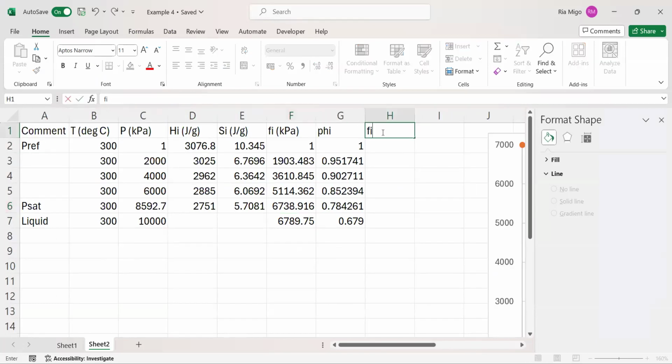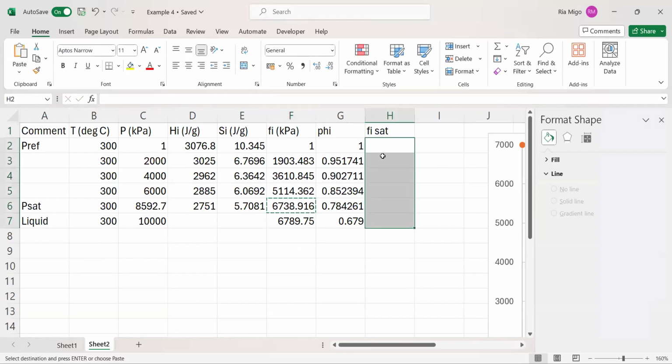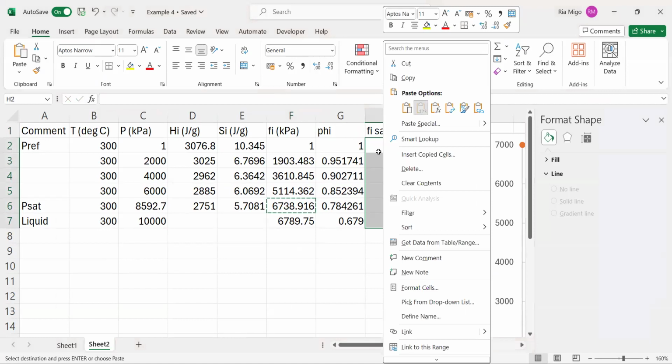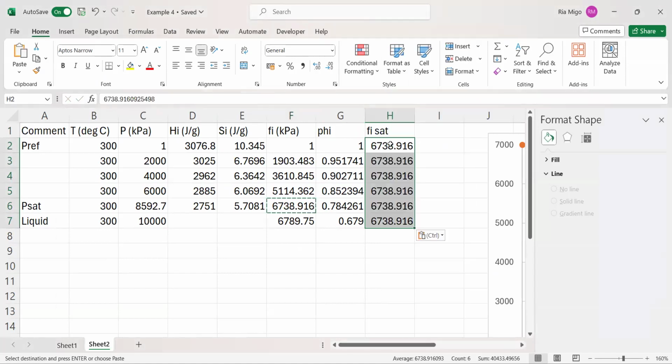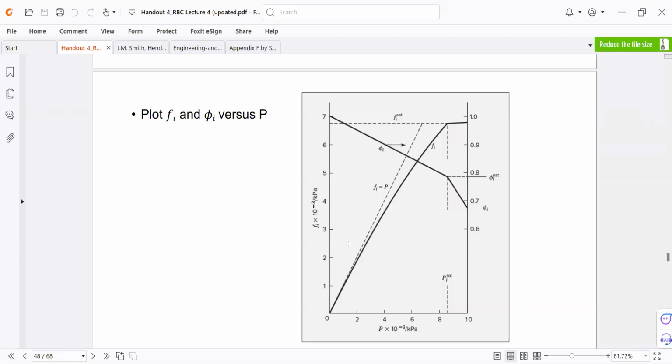So you can make a plot of that, phi sat. Just copy that because it's a straight line. Copy all the values as phi sat. And then there's also another plot here, where the fugacity is equal to the given pressure. We can also make a plot for that.